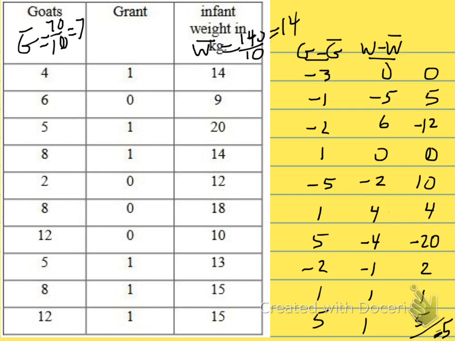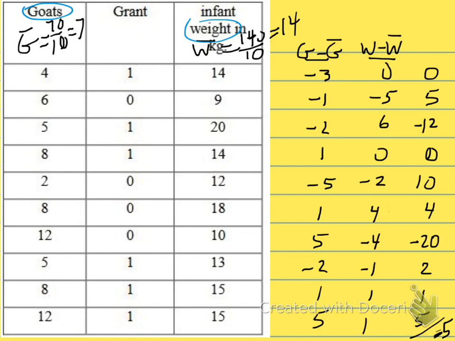The problem asked you to look at the covariance between goats and infant weight. And so we have 10 observations of families with goats and 10 observations of infants in those families and their weights, and we want to look at the covariance.